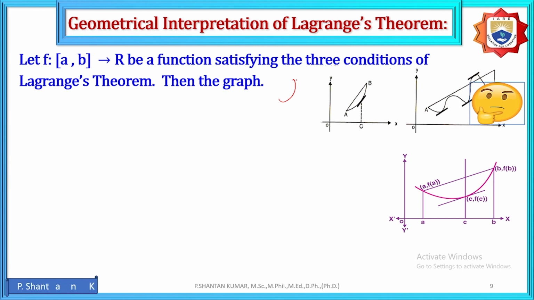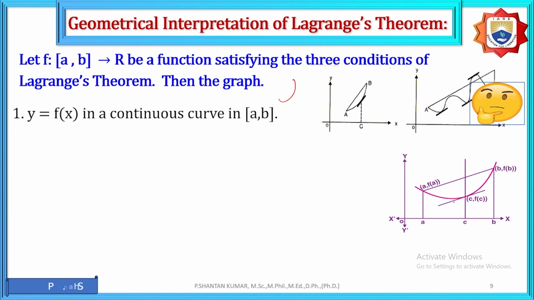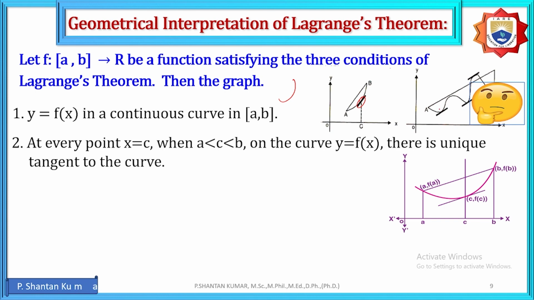That means clearly the function is continuous, and the derivative also exists because the tangent is available here. The tangent is also available here, and on [a, b] it is a continuous function. But here f of a is not equal to f of b.